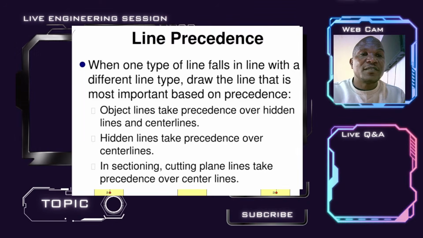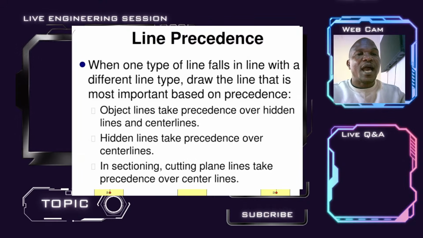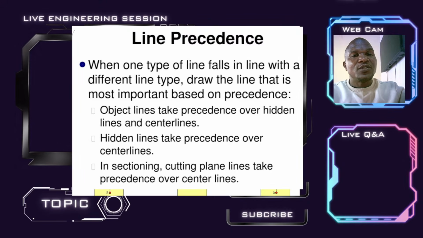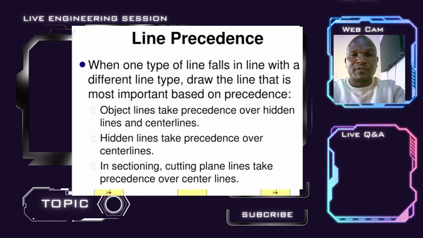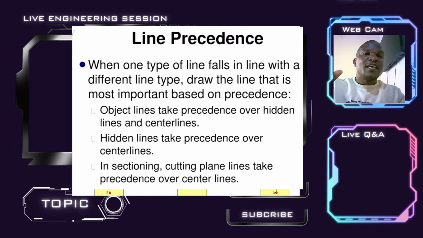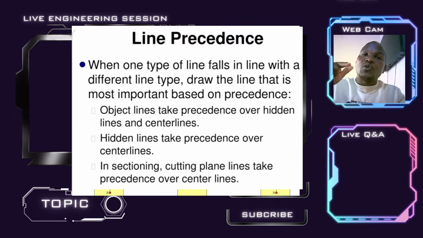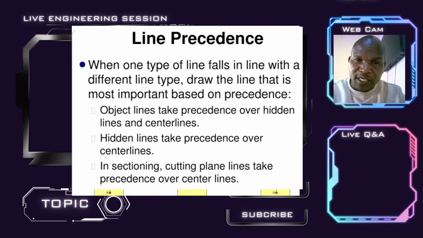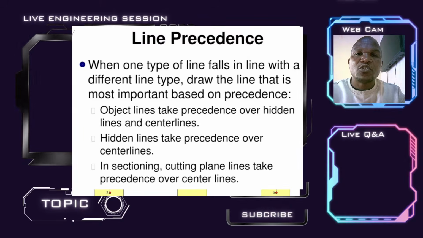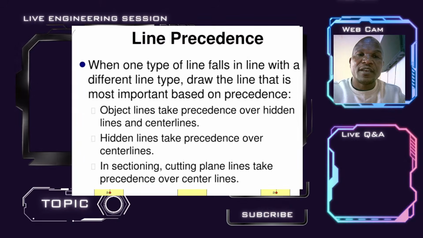Section lines I use sometimes to illustrate or give more understanding of the internal features of a given plane. So they take precedence over center lines. And there's a difference between a section line and a center line. It's almost like a center line, but it's darkened, darker and thick.